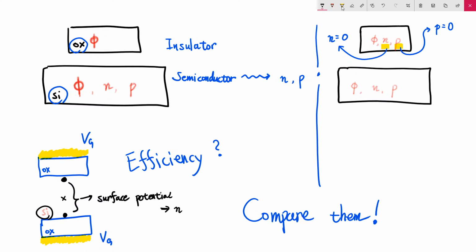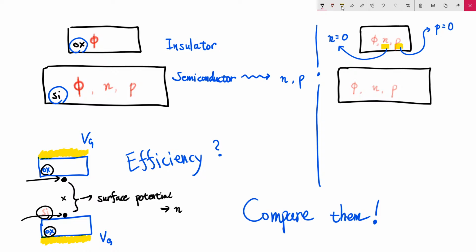However, which quantity determines the surface potential or potential inside the silicon region? That is solely determined by this oxide flux.